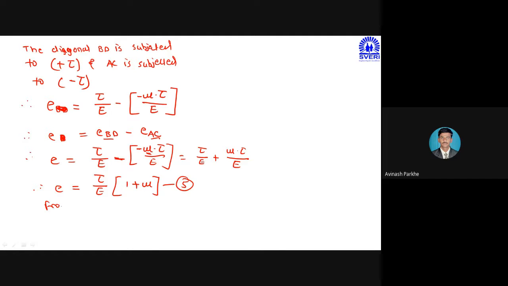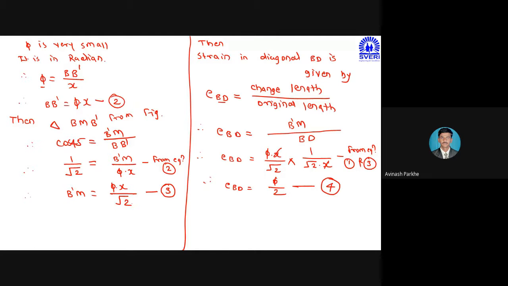Therefore from equation 4 and equation number 5, here e is equal to phi divided by 2. The same equation I am writing, the strain induced in diagonal BD.